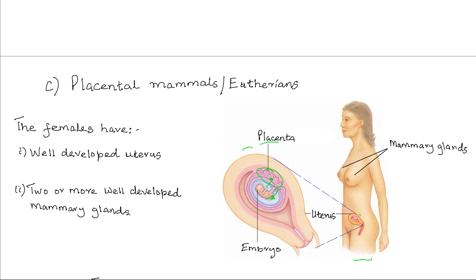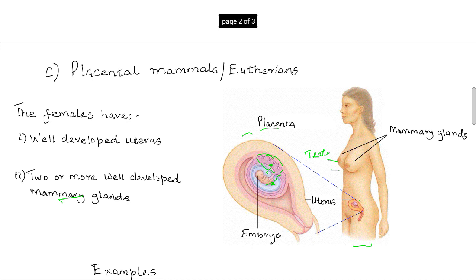And then there will be 2 or more well-developed mammary glands with teats for the feeding of the young one once it is born. So the young one is born live and relatively well developed. And once it has been born, it feeds on milk from the mammary glands, which contain well-developed teats for the feeding.